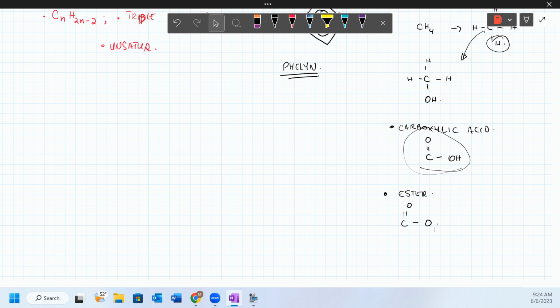Sometimes this group is just an element, like in the case of the elements of group 17, like chlorine, bromine, fluoride, and so on. And sometimes it is another functional group, like hydroxyl, carboxylic acid, or ester. So this is how hydrocarbon derivatives are formed as a principle. So you see one hydrogen is removed, taken away through a reaction that we will see, and then it is replaced with the group or the element.